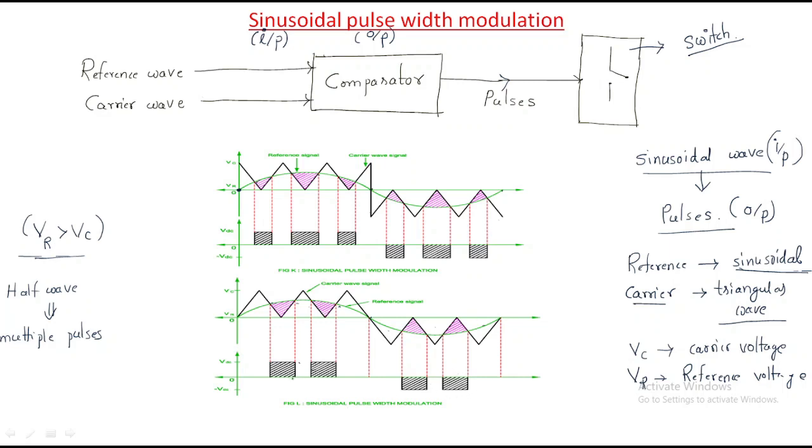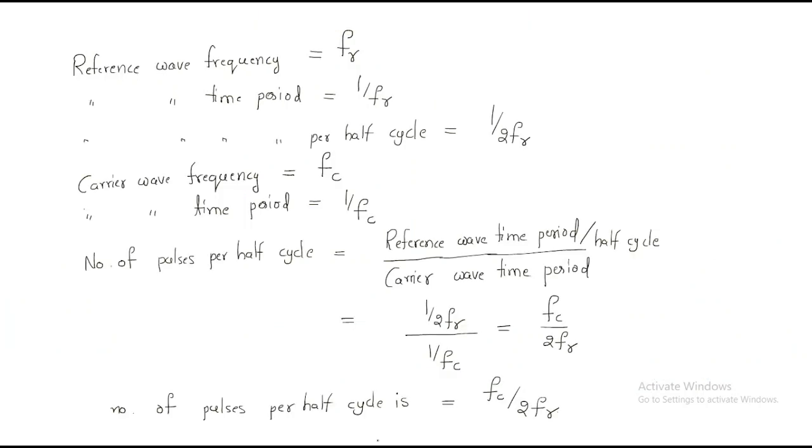So this is the way to generate the pulses. Understand? This sinusoidal waveform converted into pulses is known as sinusoidal pulse width modulation. In this, the reference wave is the sinusoidal wave and the carrier wave is the triangular wave. And we will discuss some more points regarding this.